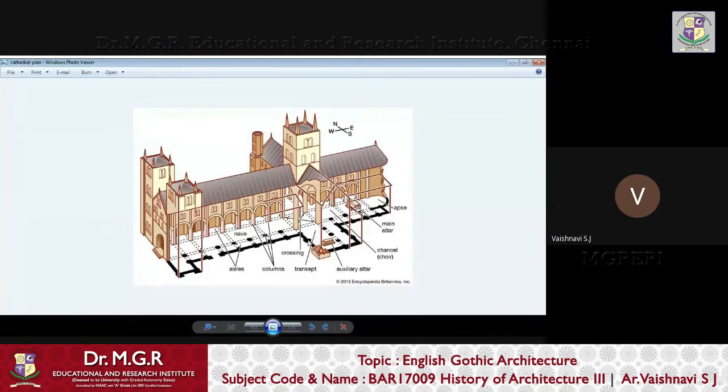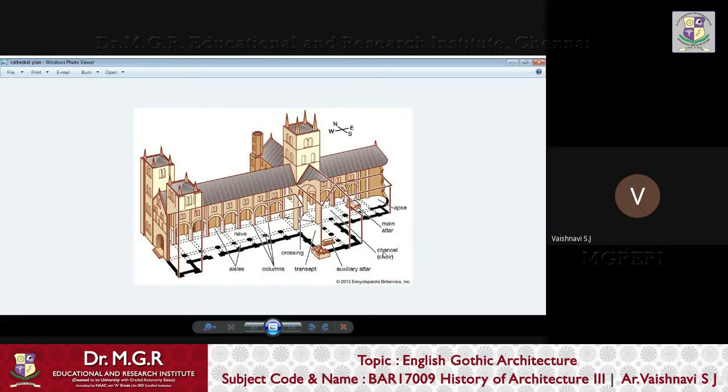Usually the transept will run from the northern side to the southern side. So this transept will show the horizontal side of the cross plan. You can see this is the northern side and this is the southern side, and we have an altar here, and here there's a choir.